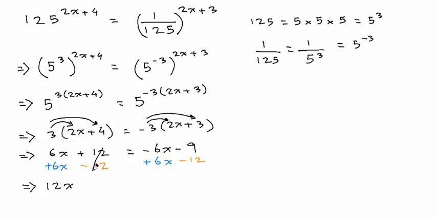These two cross off is equal to these two cross off. Minus 9 minus 12 is negative 21, which means x is equal to negative 21 over 12. You can of course simplify that. You can divide 21 and 12 both by 3. 21 divided by 3 is 7 and 12 divided by 3 is 4. Therefore, this is going to be negative 7/4. So x turns out to be a fraction in this problem.